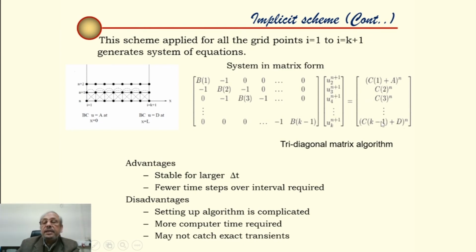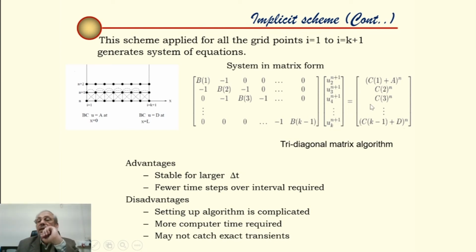And this, as I said, can be very easily inverted to find this unknown vector, that means u2, u3, u4 up to uk. By inverting the matrix, we can get these values.